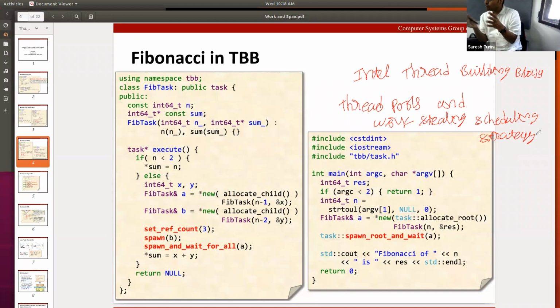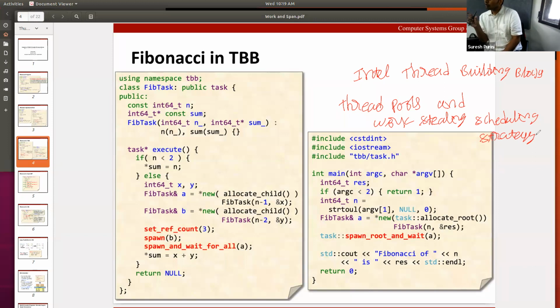Instead, if you use a pool of threads, for example, if you have a 12-core machine, you can use a pool of 12 threads or 24 threads. Or if you have a 64-core machine, you may want to use a pool of 64 threads. This thread pool will always be there, and they just pick up work based on the available work that is out there.